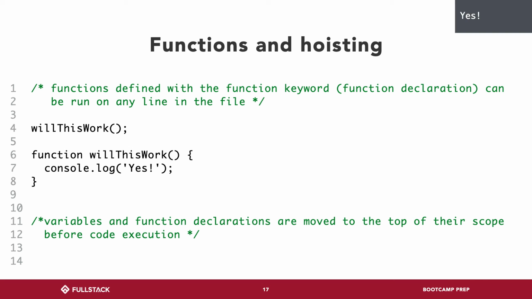So any variable we declare, any function that we define, is moved to the top. We already have access to these things. They are stored in memory. The variables are given values of undefined. The function's entire code is copied. That's why we can run it and we get yes there. Does that make sense?